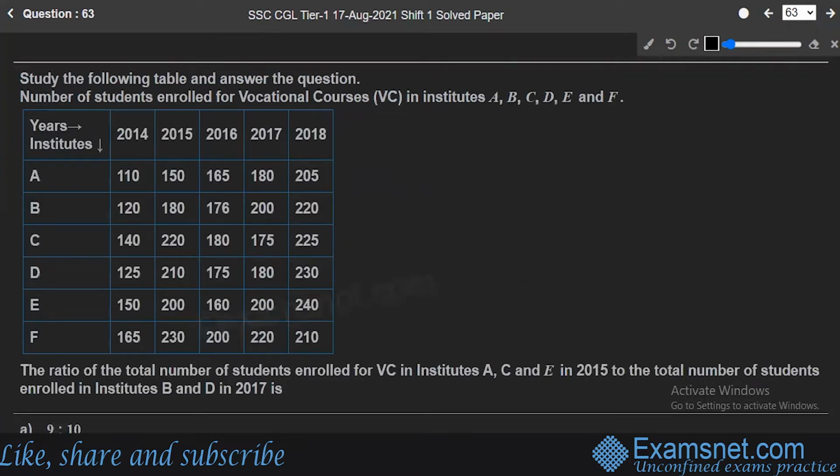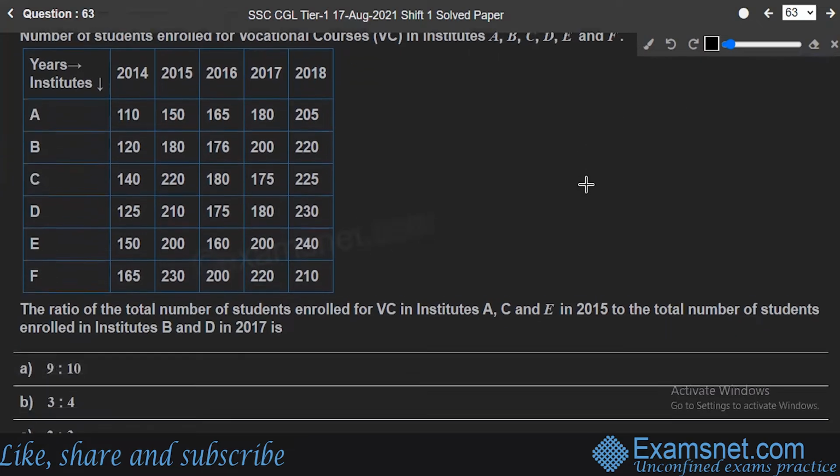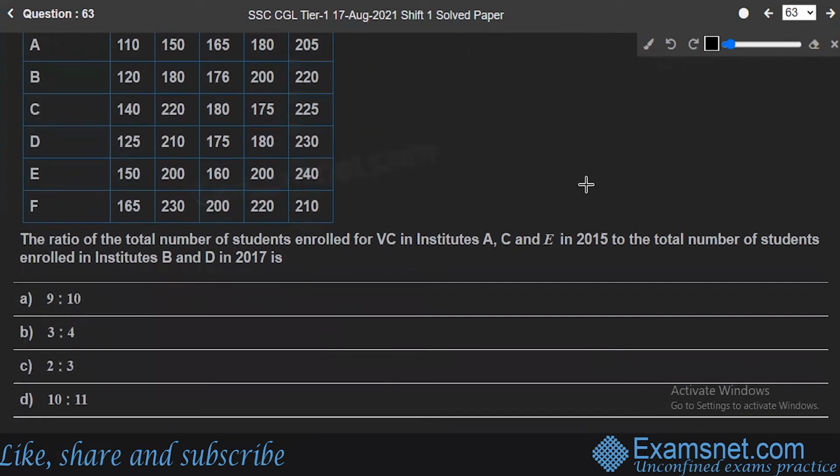Again, you are given a table, and what information is this table giving you? It's saying the number of students enrolled for vocational courses in institutes A, B, C, D, E, and F. So these are the years, and these are the institutes, and these are the number of students. Right, what is being asked in the question? The ratio of the total number of students enrolled for VC in institutes A, C, and E in 2015 to the number of students enrolled in institutes B and D in 2017.